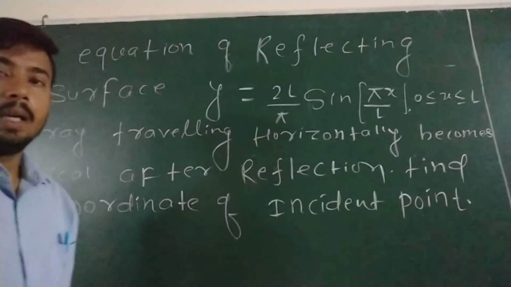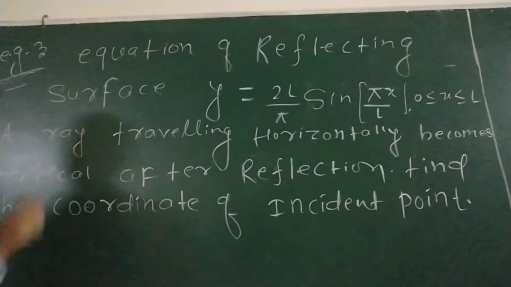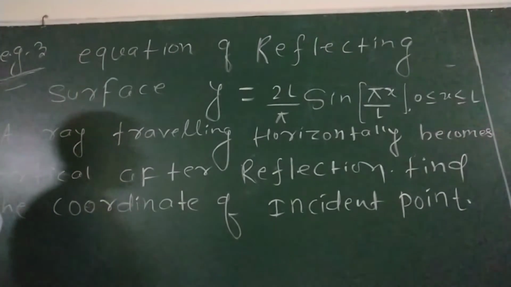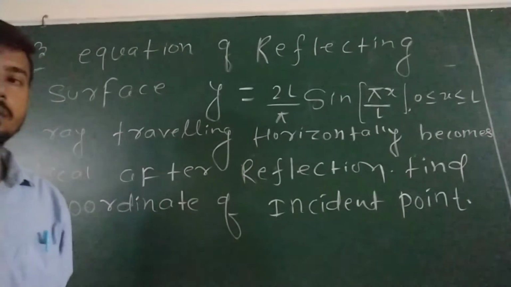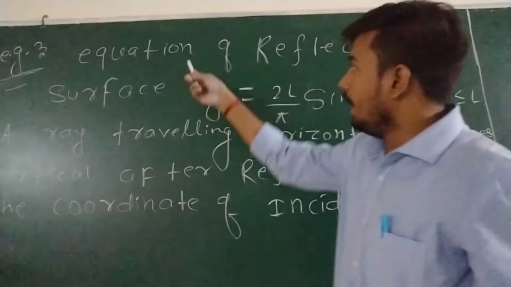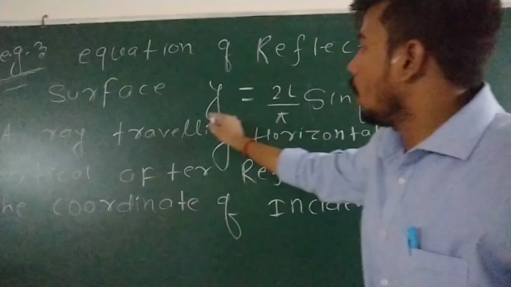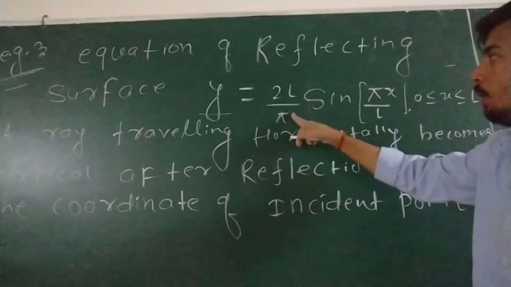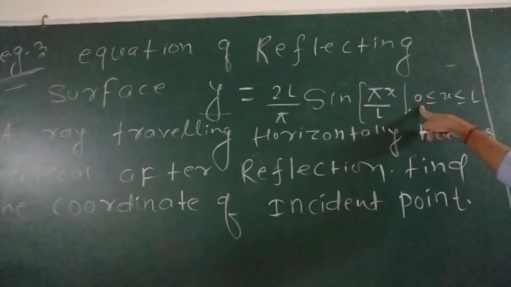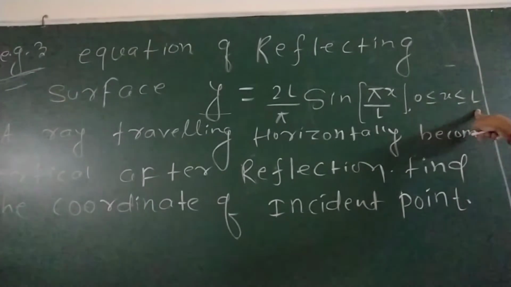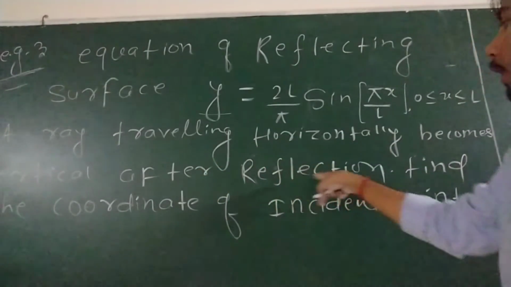So this is our third question of today's series. This question is very good because I wrote its statement completely. Then I will try to solve this one. What is the question given here? Equation of reflecting surface: y is equal to 2l by pi sine pi x by l, where value of x will be 0 to l. A ray traveling horizontally becomes vertical after reflection.